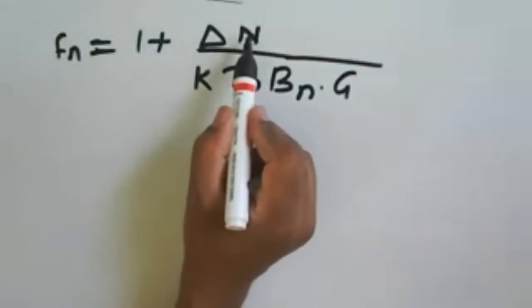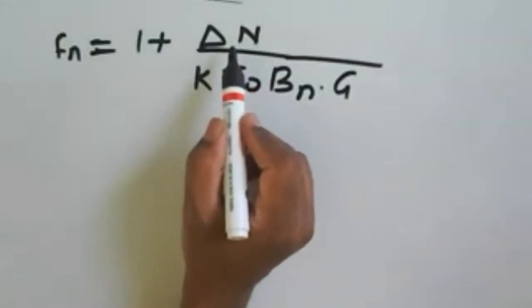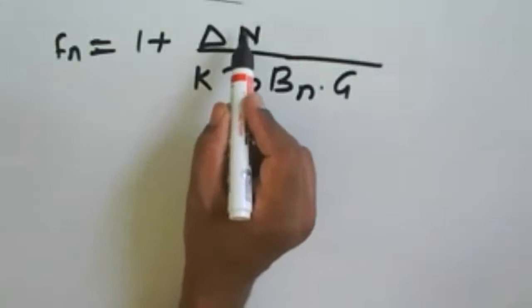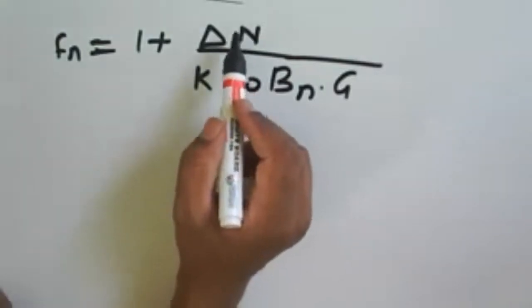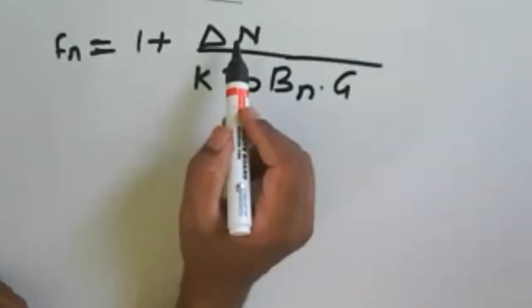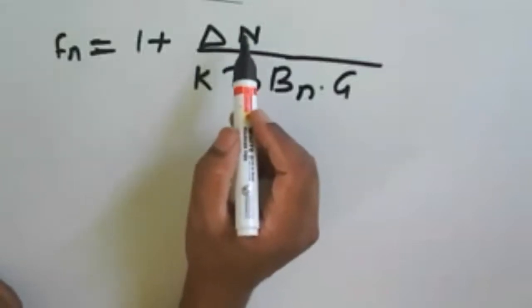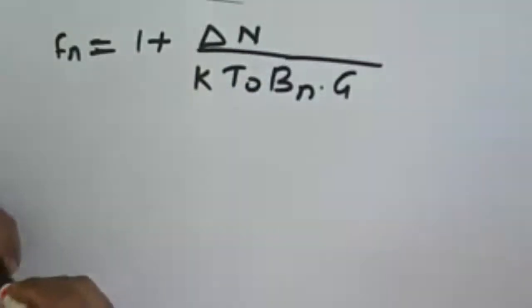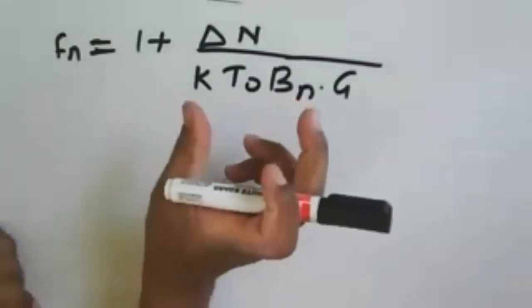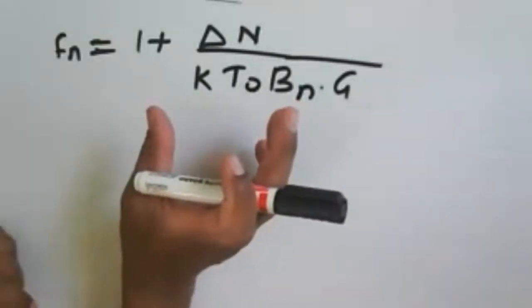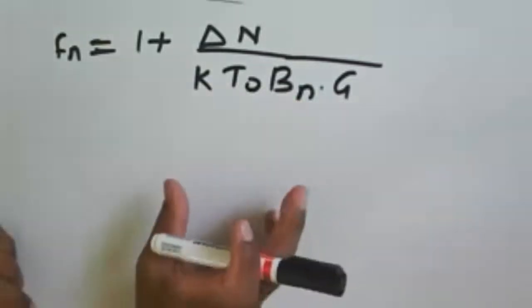So this Dn, that is the noise introduced by the network, which consists of a noise due to the temperature at the input of the network.